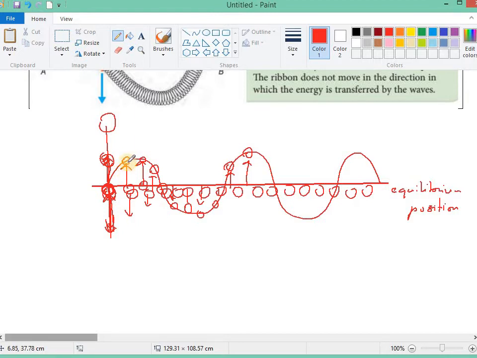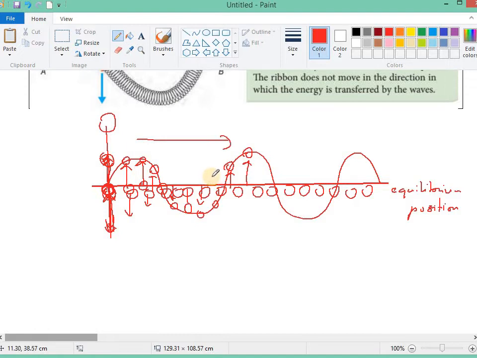The water molecules can go up and down. It means the water molecules have energy. Just now at the beginning it was not moving, so it didn't have kinetic energy. But after the stone drops, the kinetic energy from the stone transfers to the water molecule. So now the water molecule has kinetic energy, and that kinetic energy can transfer from one molecule to another, to another.